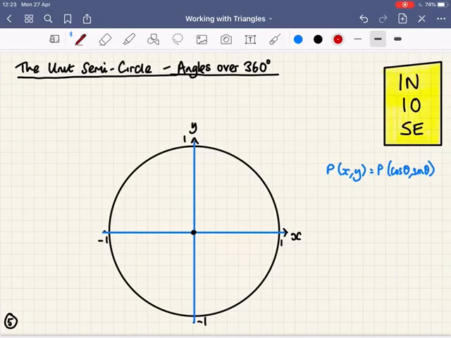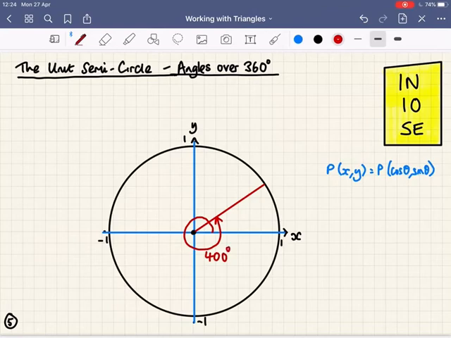What about angles over 360 degrees? There's no rule that says you can't have an angle of greater than that. So imagine that I constructed an angle here, but I'd actually gone round here once, 360 degrees, and then again to there to create an angle of 400 degrees.